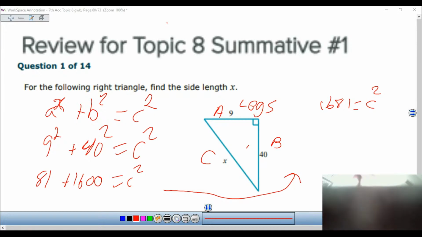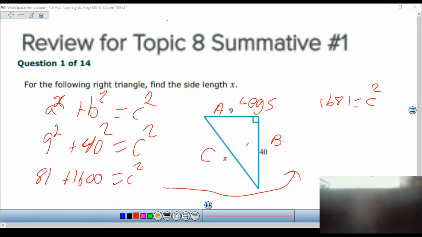All right, on the calculator, 1,681 divided by, oh, not divided, sorry, square root. Clear. 1,681, and we square root it, which gives us 41.